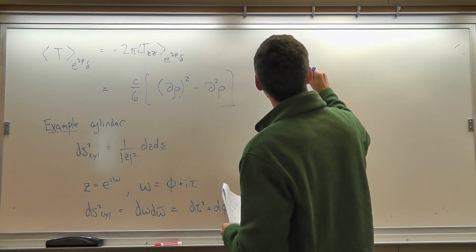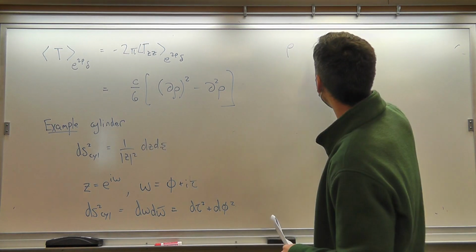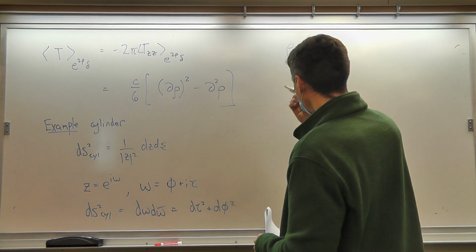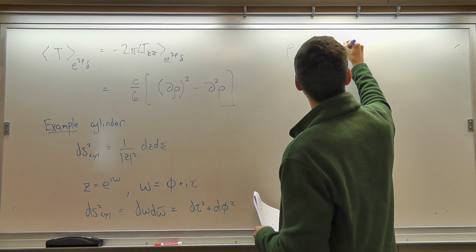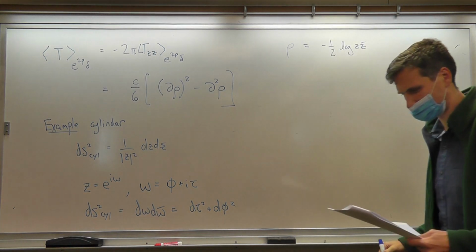So this prefactor is e to the minus 2 rho, which means that the cylinder has rho equal to minus a half log z z bar.